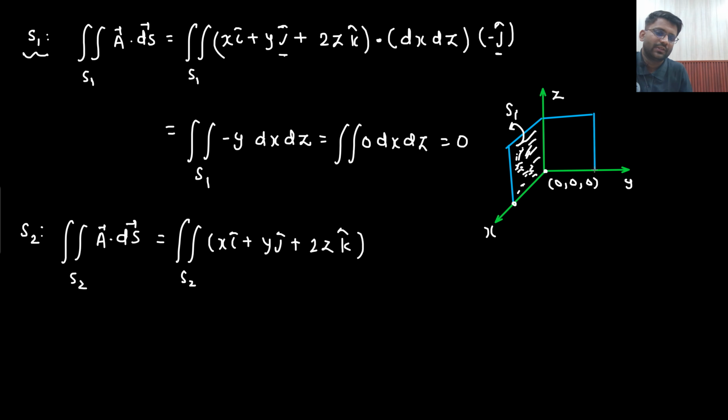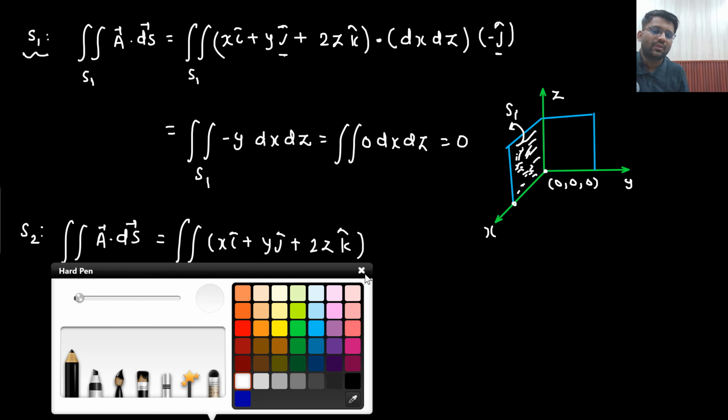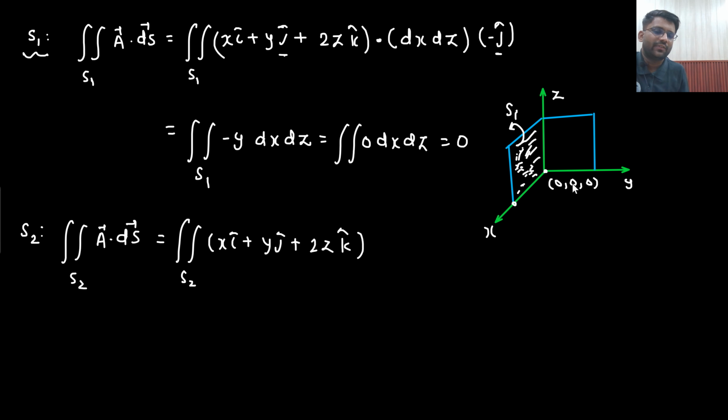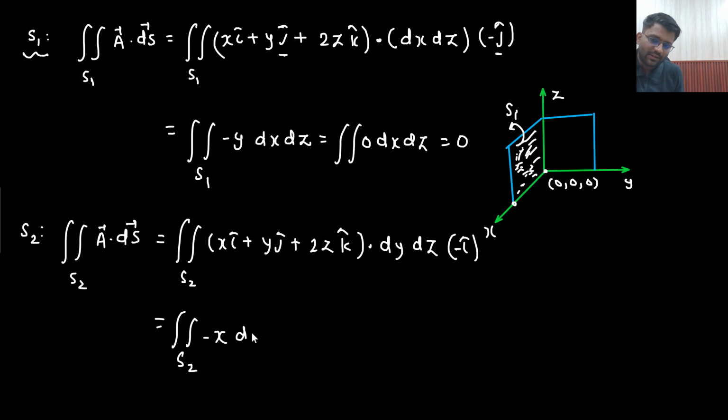Coordinates and everything I will be able to write down, but first you write down the area vector. That was dy dz, and what is the direction? Direction is minus i cap. So for S2, the minus sign will be there, and i cap dot i cap gives minus x dy dz.